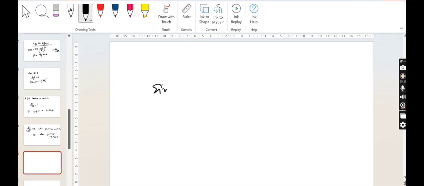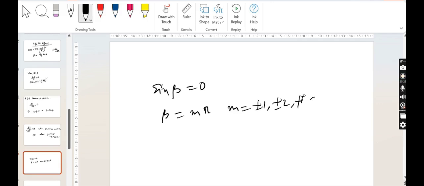So sine beta is equal to 0, that means beta is equal to m pi, where m is plus minus 1, plus minus 2, plus minus 3 and so on. That means d sine theta is equal to m lambda. So these are the values of the minima.